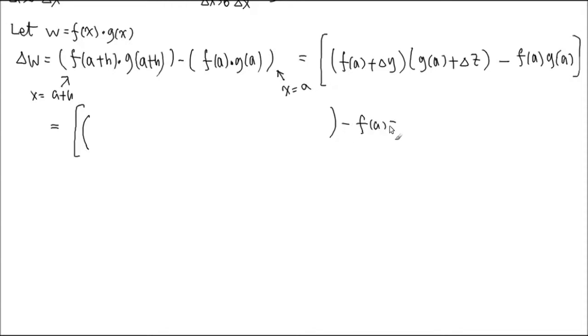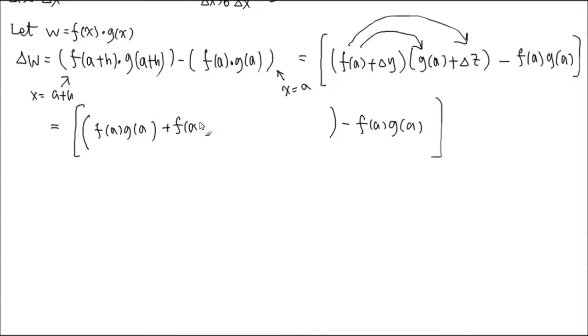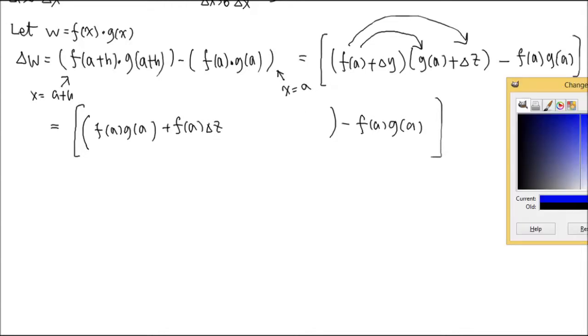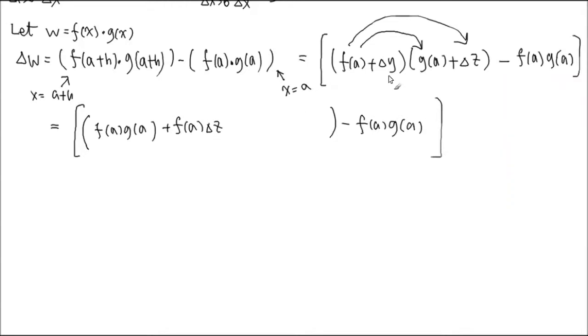So let's yell it out. What term do you see? f of a and g of a, right? And you multiply that, f of a delta z. That's right. So let's do the second guy. We multiply delta y to g of a. Is that right?